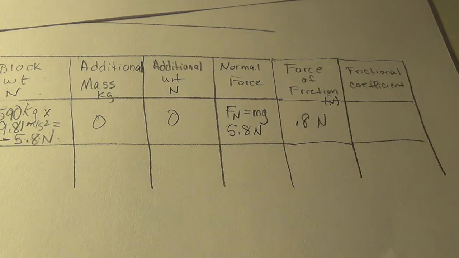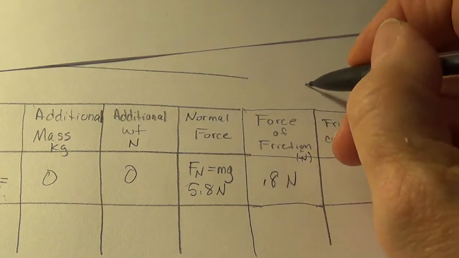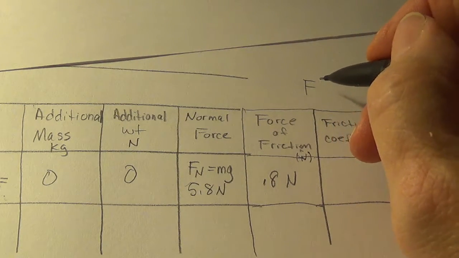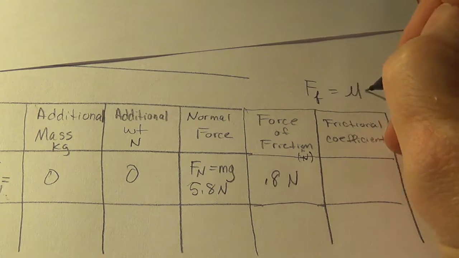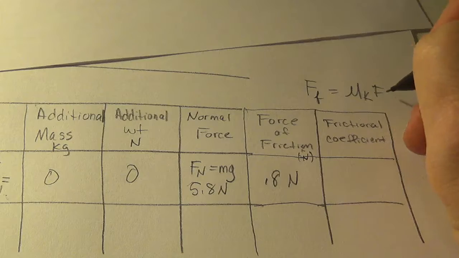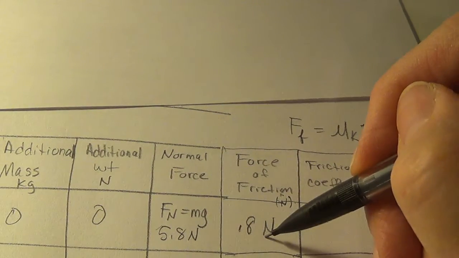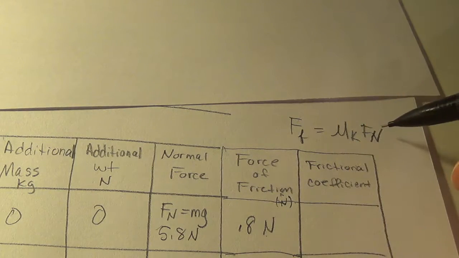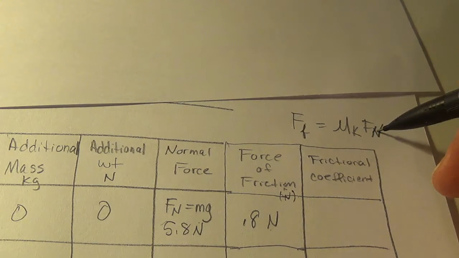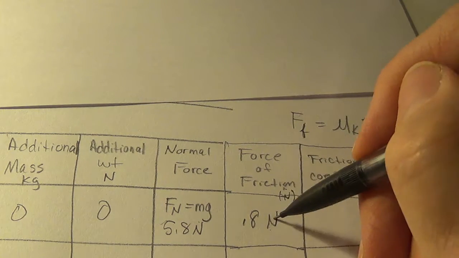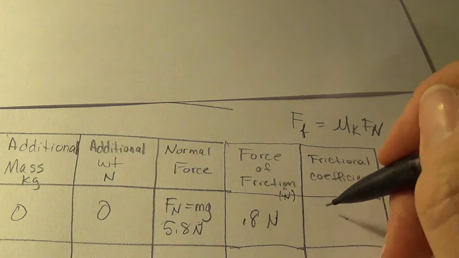All right, so finally we are going to find the frictional coefficient. We know this relationship to be true, and I think I wrote it on the lab. Force friction is mu sub k times force normal. So we have the force of friction from this column, and we have the force normal from this column. So we're going to divide both sides by force normal. You'll have this number divided by this number, and it will get you the frictional coefficient.